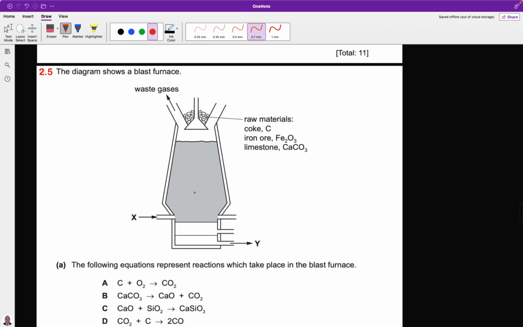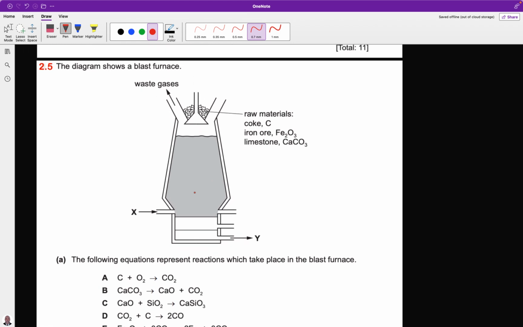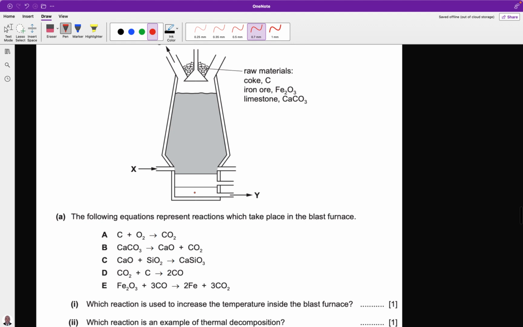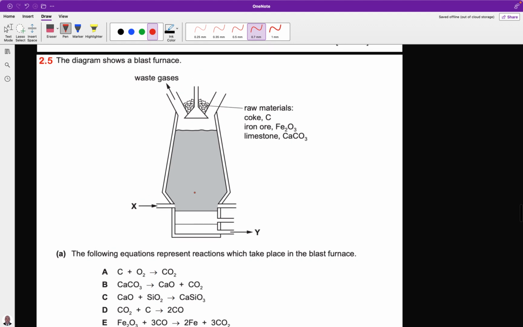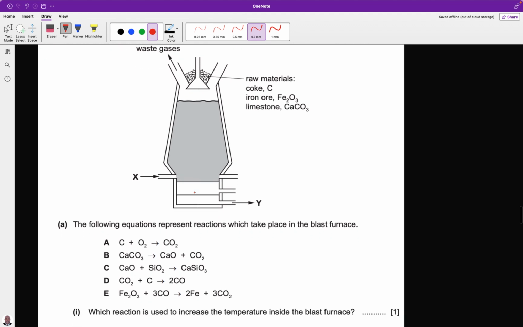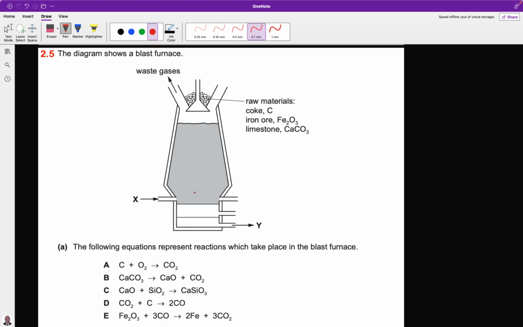Okay, let's go to the extraction of iron using the blast furnace. The diagram shows a blast furnace with waste gases being sent out.